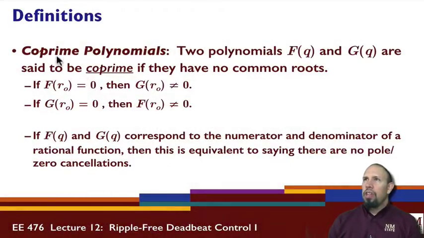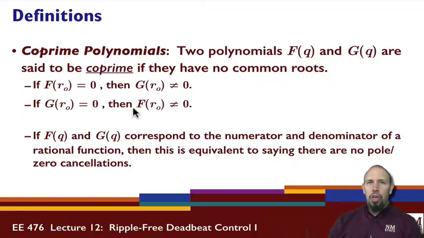Next, we have the definition of coprime polynomials. Coprime is not a word you probably have used very often before. Two polynomials, f and g, are said to be coprime if they have no common roots. Or one way of saying that is, if R0 is a root of f, then R0 is not a root of g. Similarly, if R0 is a root of g, then f does not have a root at R0.